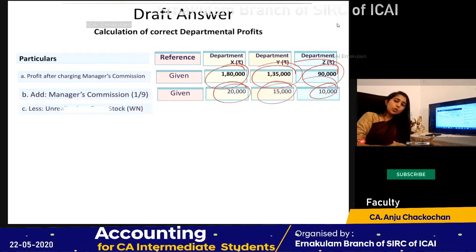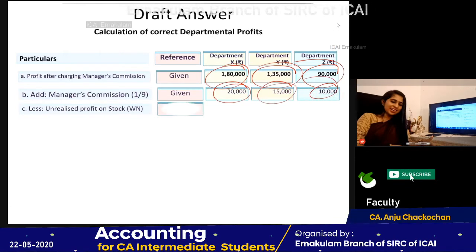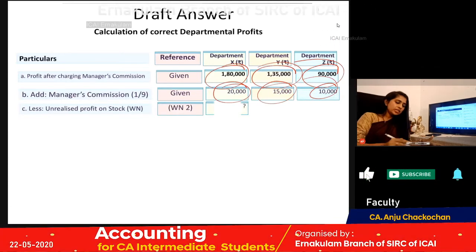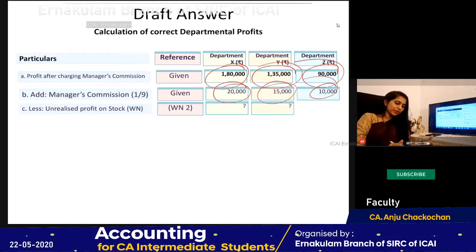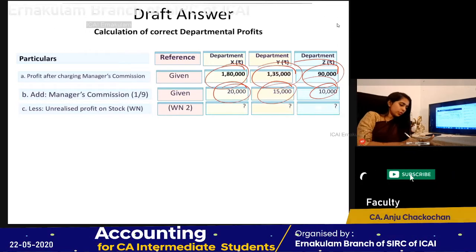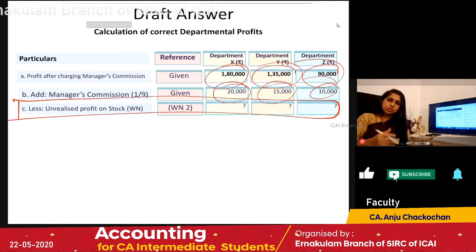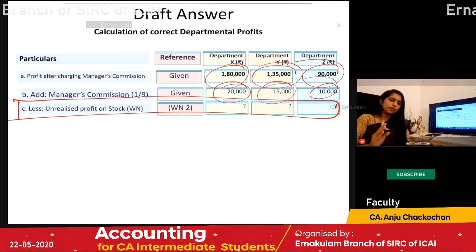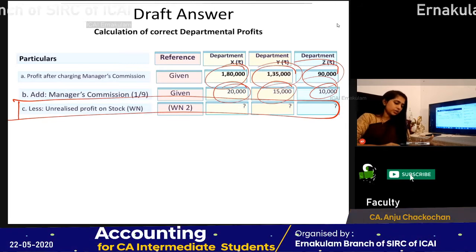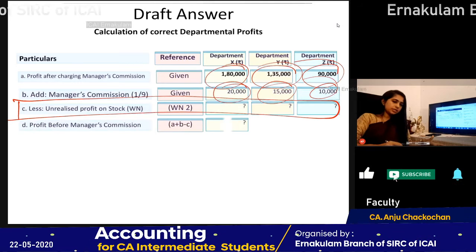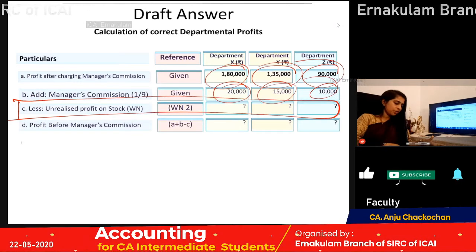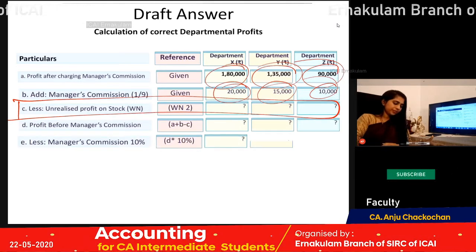Then you will have to reduce the unrealized profit. All right. So this is the one which is not given in the question. You will have to compute this. Okay. So this is the one which you will be computing now. So students, start working on that. Working on number 2, computation of unrealized profit. Come up with the answers. Everybody, yes. Make it fast. Come up with the answers of unrealized profit.